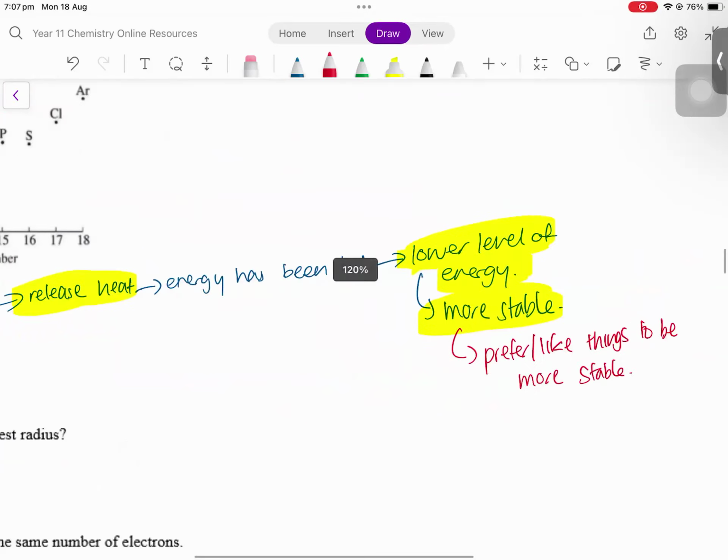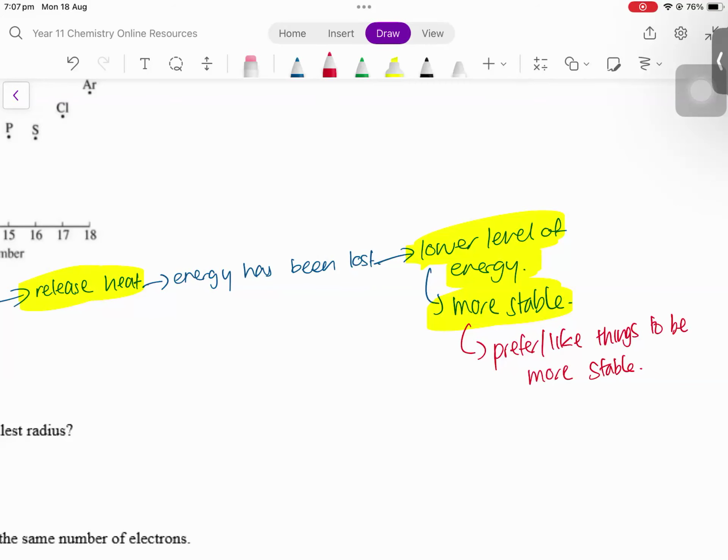If it's more stable, if it's something you like, if it's something you prefer, as a person, let's do an analogy first before we apply it to chemistry. If you're in a situation that's more stable for you, are you doing something you want to do or something you don't want to do? Something being more stable probably means you're doing something that you prefer to do, that you like to do.